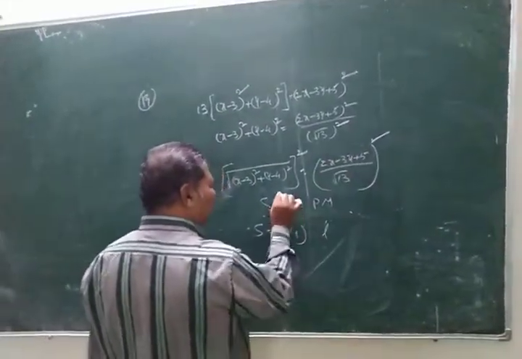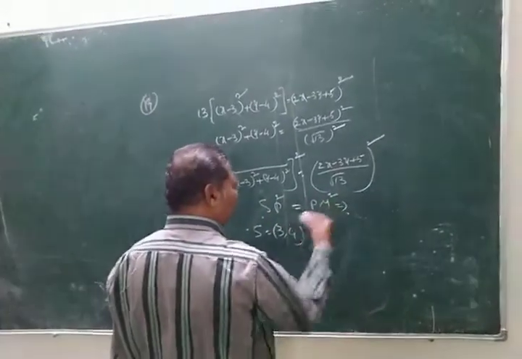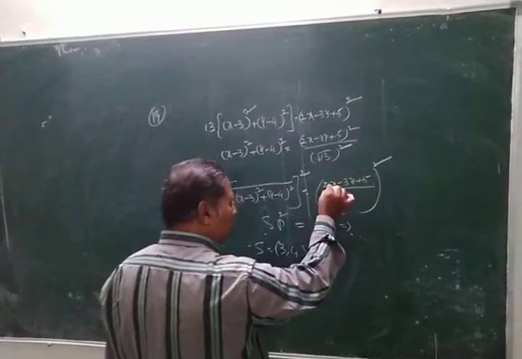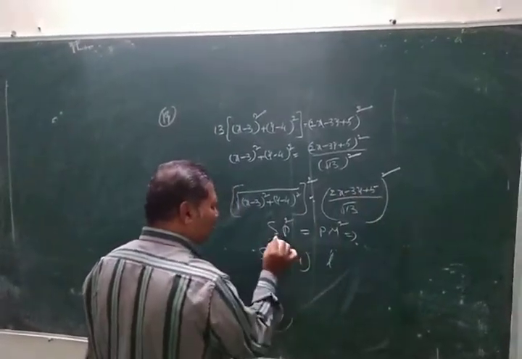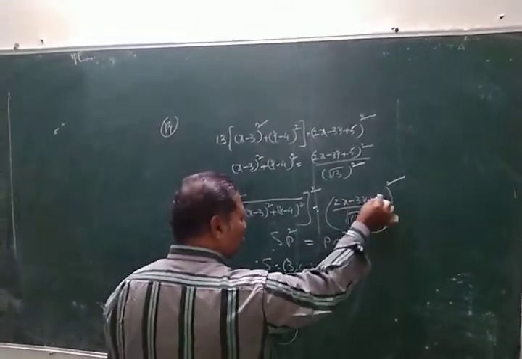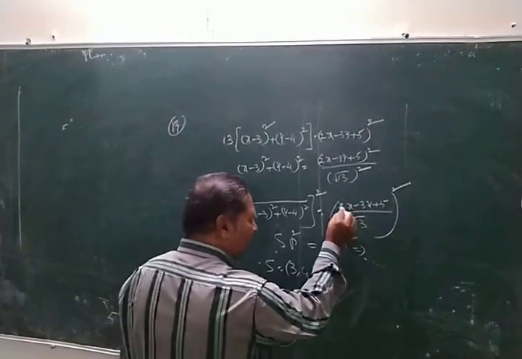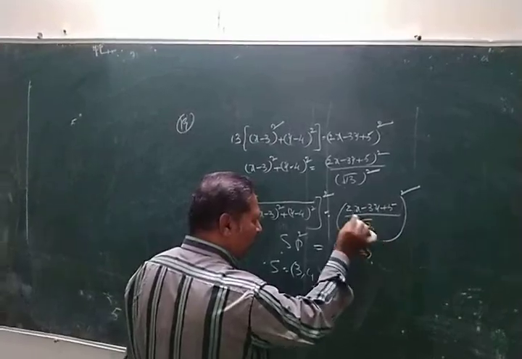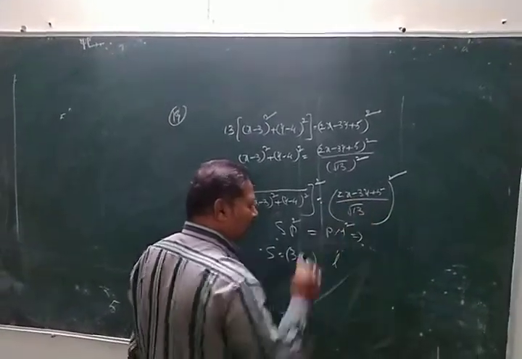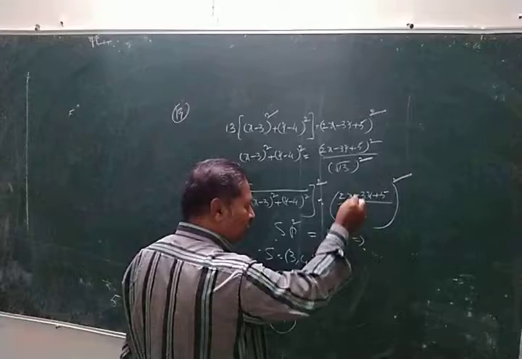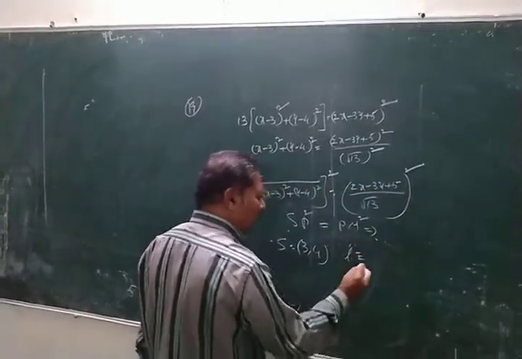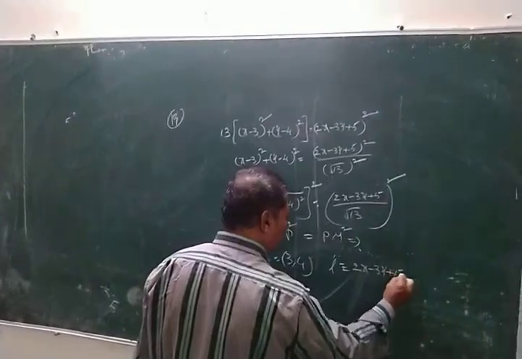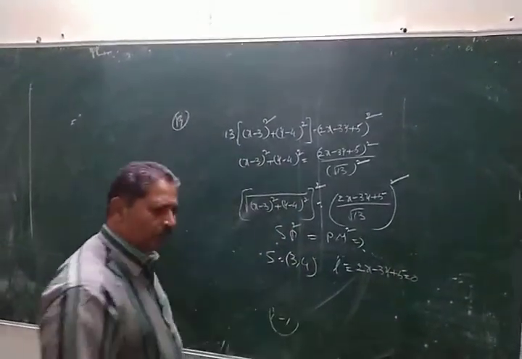SP square equal to PM square. What is PM? Distance from S to this line. A square value 4, B square value 9, 4 plus 9 equal 13. So this is the PM value. So L is identically 2x minus 3y plus 5 equal to 0.